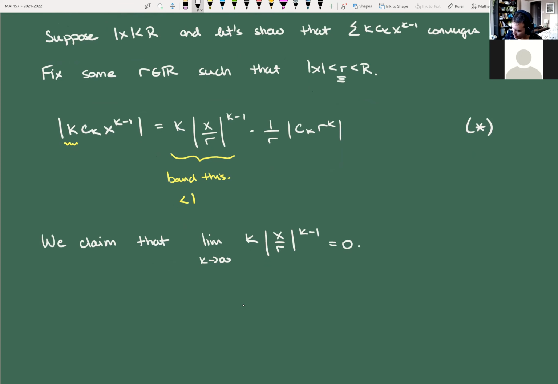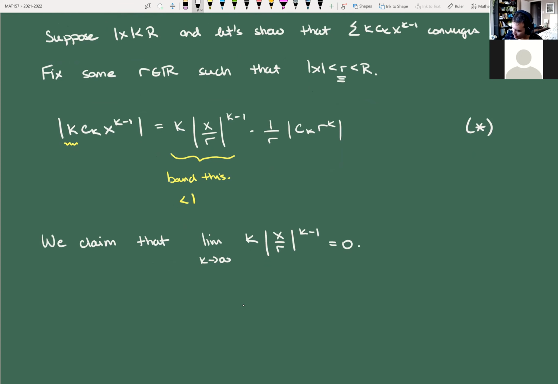Gives, okay, so what do we get? So we're going to get k ck x to the k minus 1, which was equal to k x over r. So I'm just repeating that line there. Ck r to the k is less than ck r to the k, right? If k is greater than or equal to n. This thing converges.